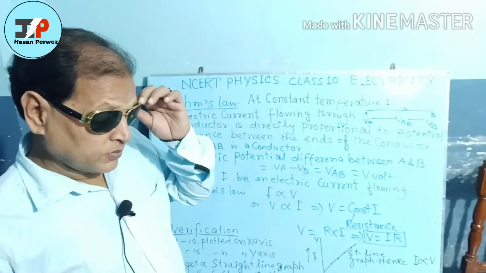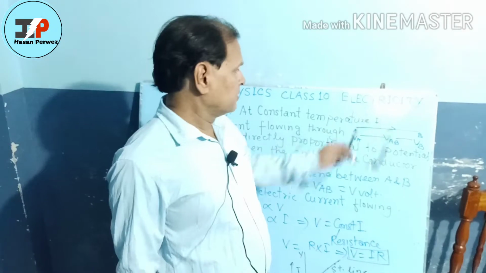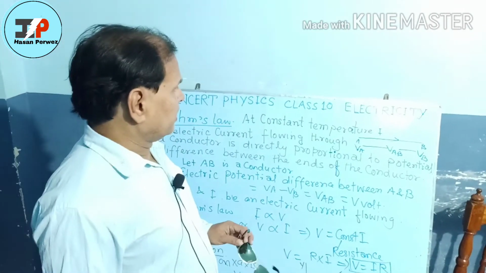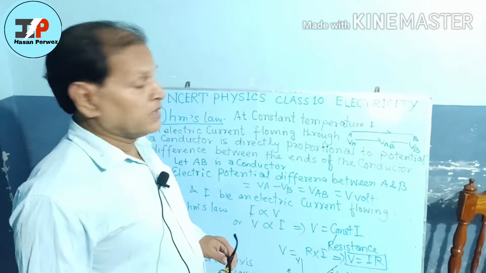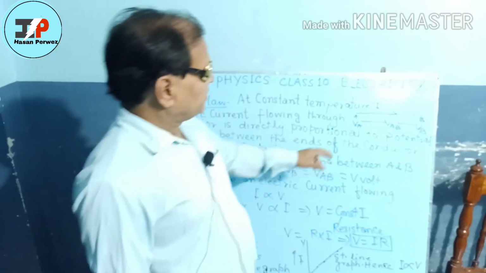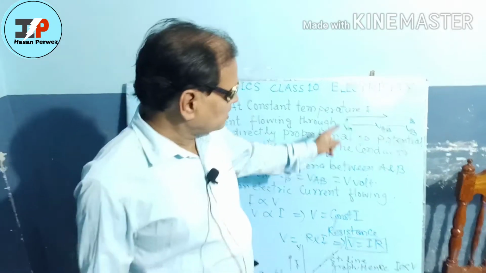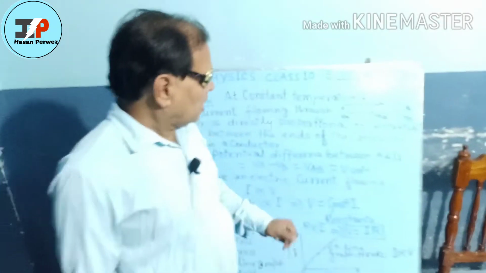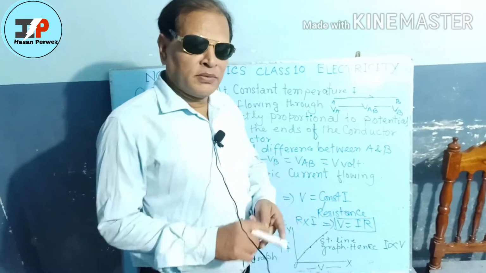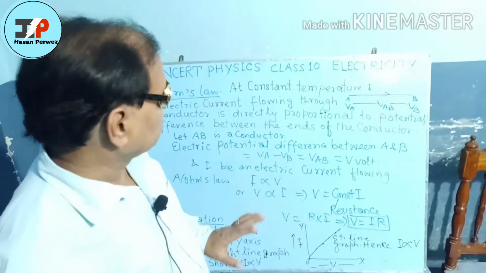Ohm observed that when the current passes through a conductor, then its magnitude depends on the potential difference between the two ends of the conductor. Here AB is a conductor whose ends are A and B, and potential difference will be VA minus VB, i.e. VAB, V volt suppose.